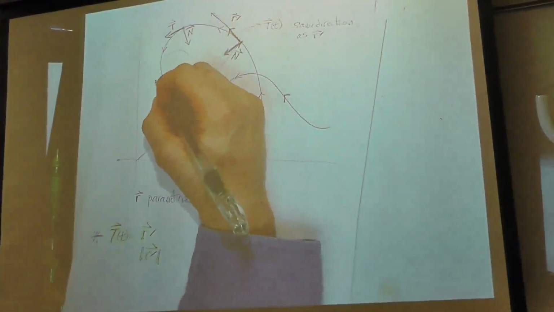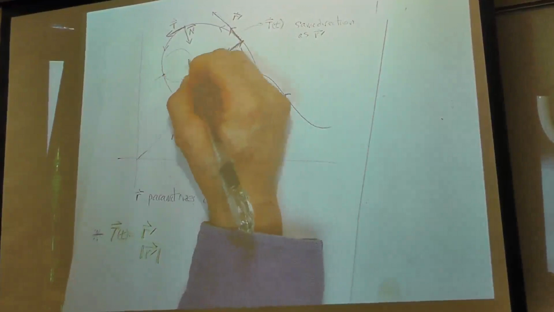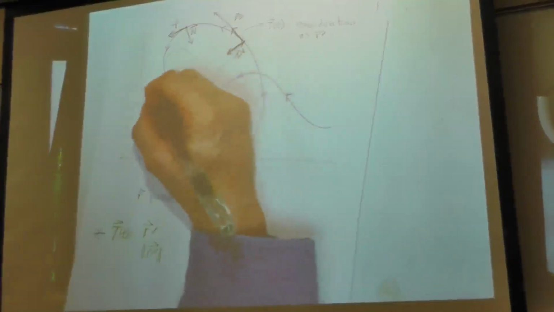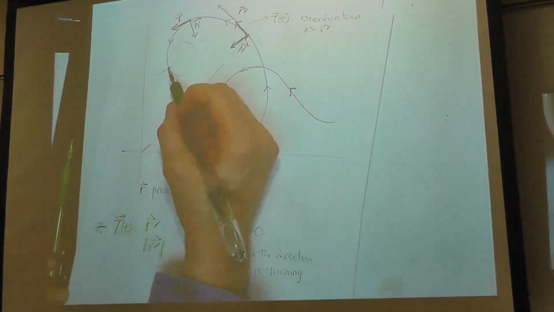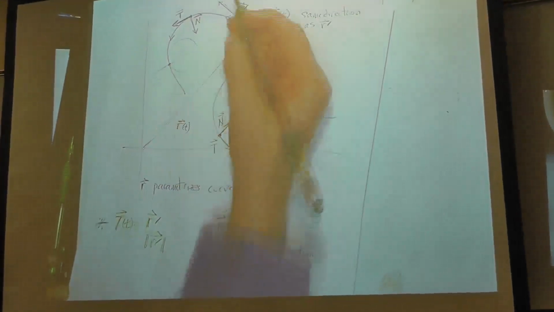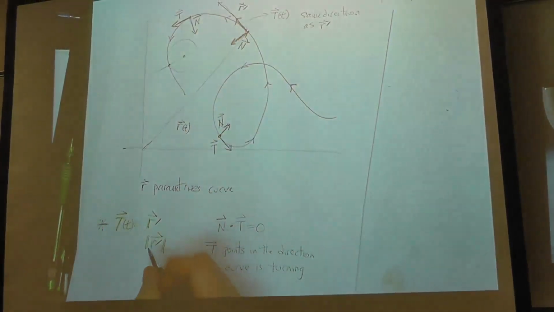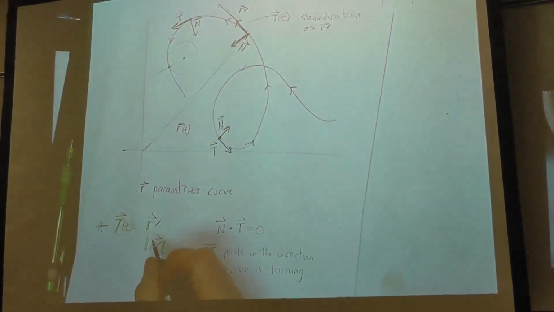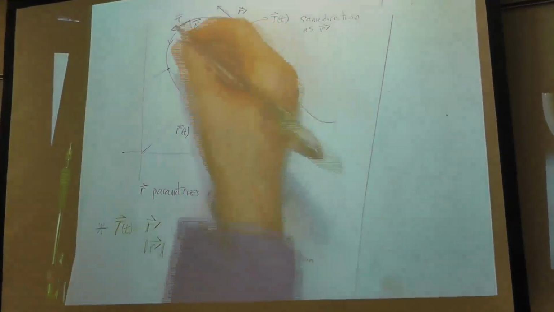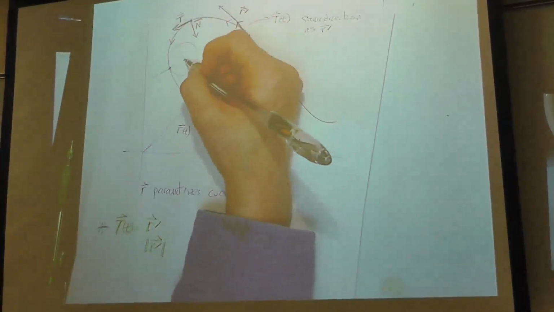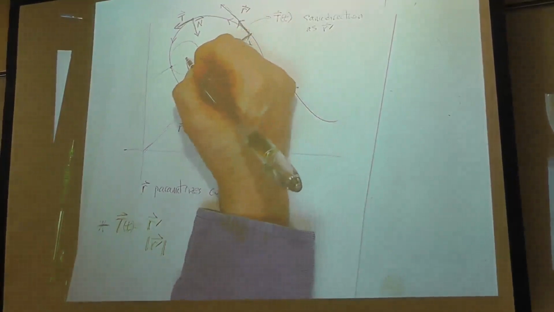But if I were to draw this line in the normal direction, the center of this circle would lie along that normal line, and its radius would be 1 over the curvature.